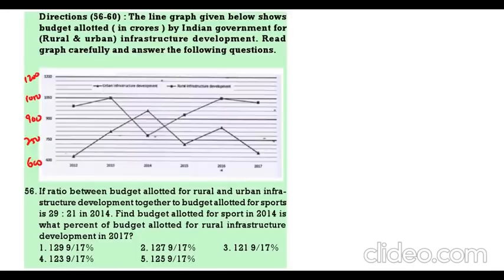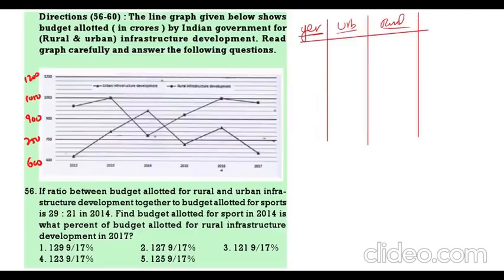Now, I will write the values also, because the graph is not so clear. 2012, 13, 14, 15, 16, 17. I am making it in the form of a table: year, urban, rural.